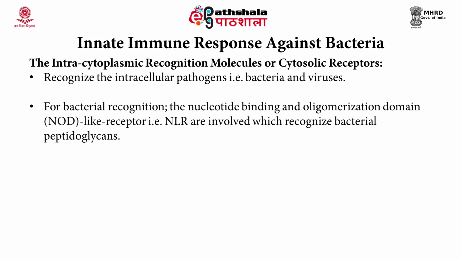For bacterial recognition, the nucleotide binding and oligomerization domain like receptors, for example NLR, are involved, which recognize bacterial peptidoglycans. On the other hand, for viral recognition, retinoic acid inducible gene 1, that is RIG-1, like helicases, that is RLHs, are there, which recognize double stranded RNA.